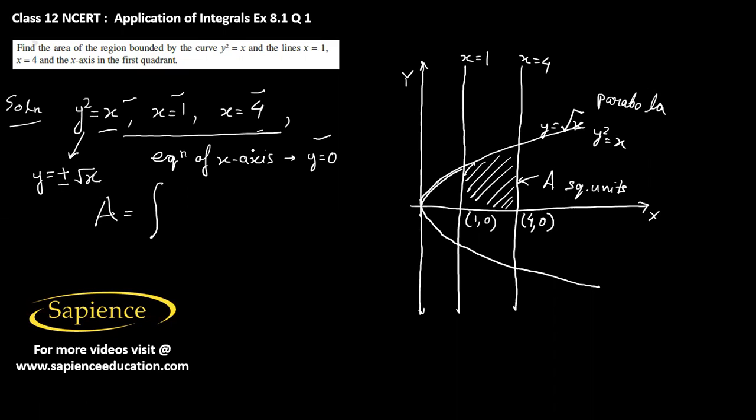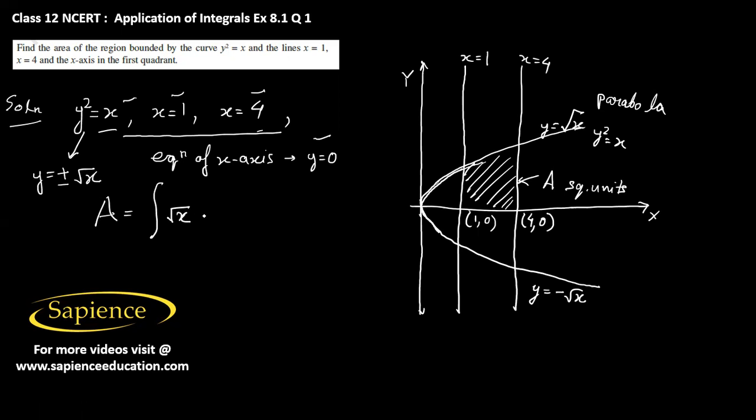It means y equals to plus root x is the branch above the x-axis, and for the branch just below the x-axis, the equation will be y equals to minus root x.